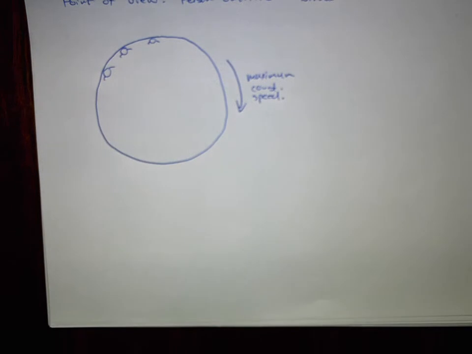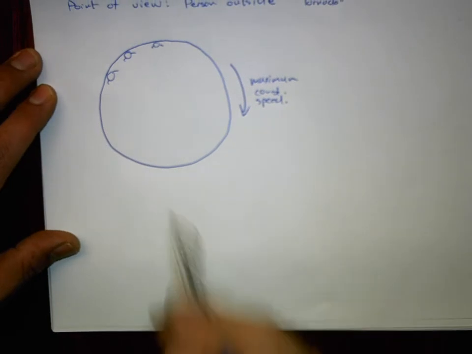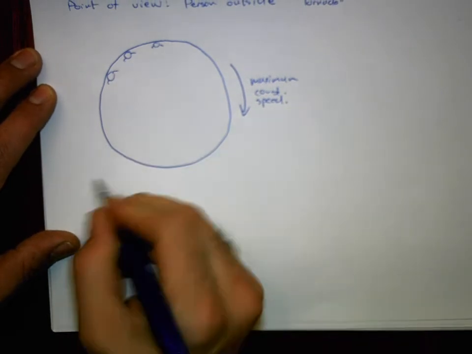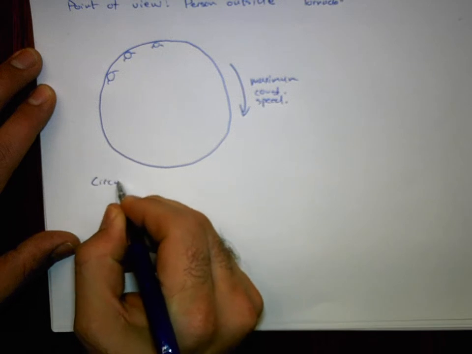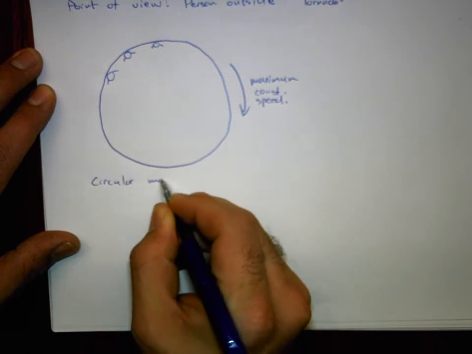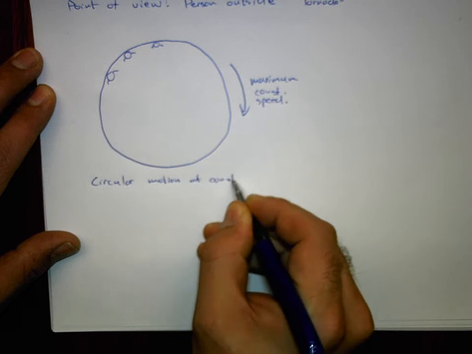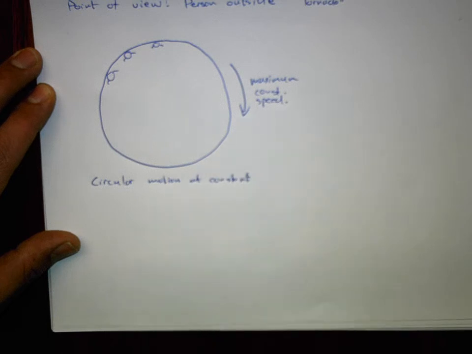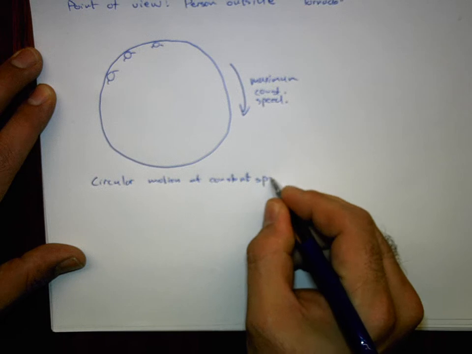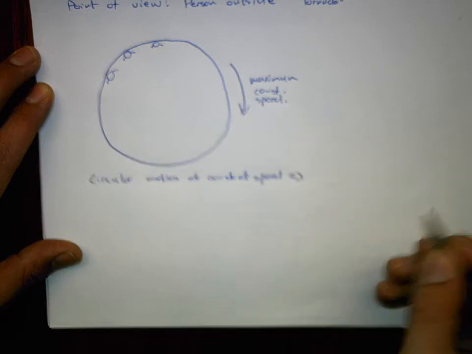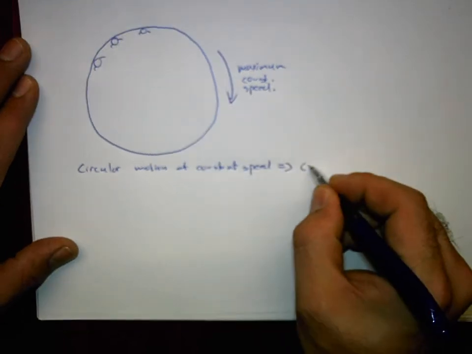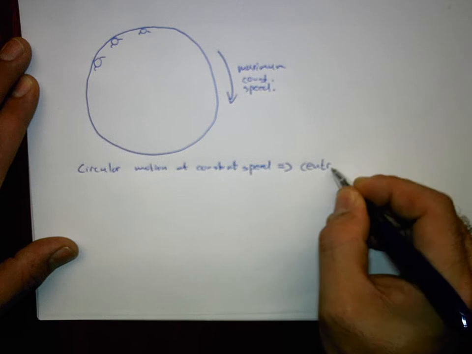So we are given that those people inside the drum are moving in a circle, right? So we know if we've got circular motion at constant speed, this implies immediately that we must have centripetal acceleration.